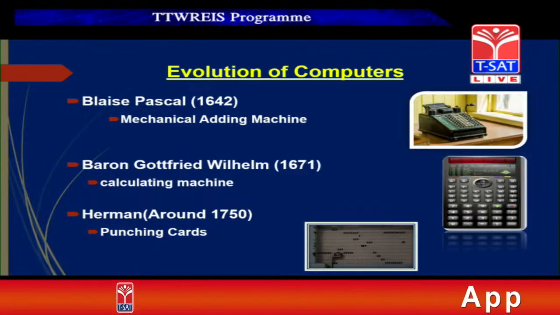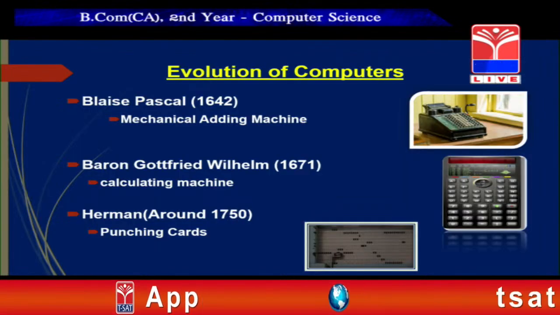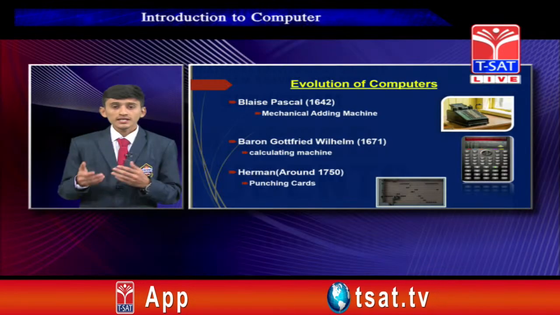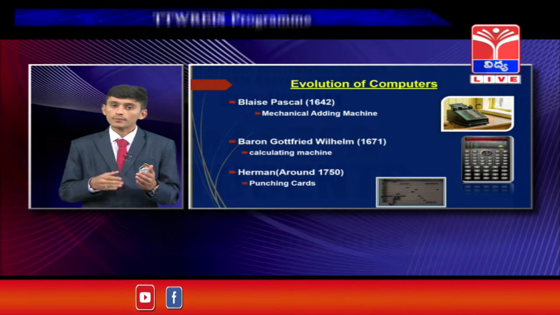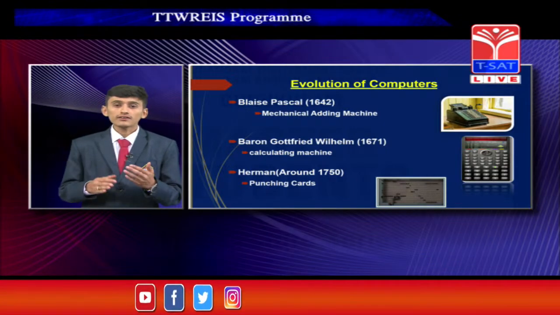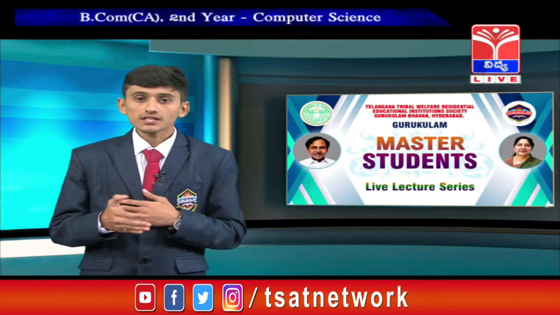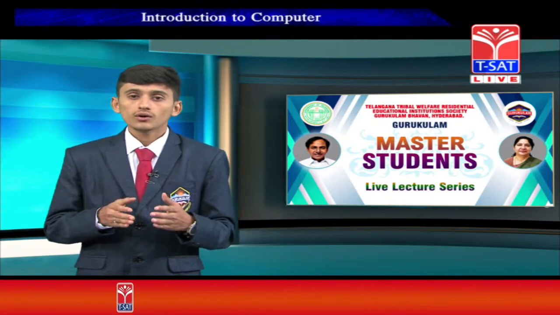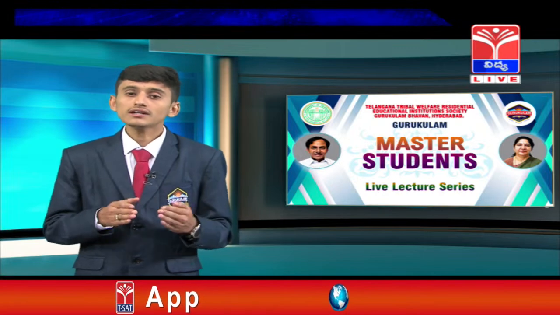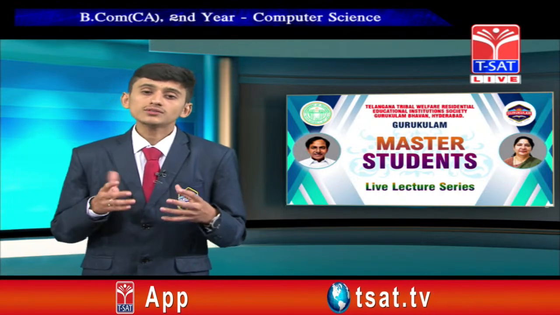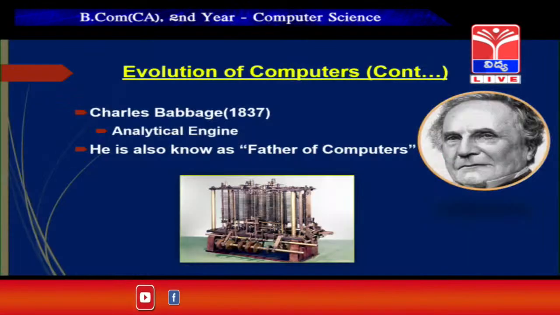That punching cards are printed with a digital form of data, in the form of ones and zeros. Here the ones and zeros are in the form of binary language, which can be called machine language. That machine language is understandable only by the machine, here the computer.